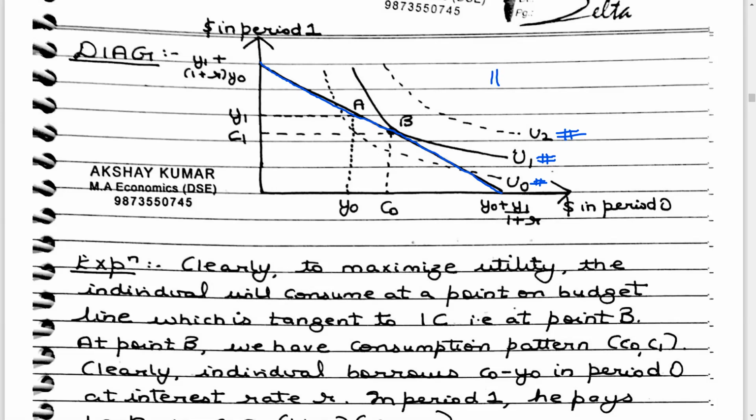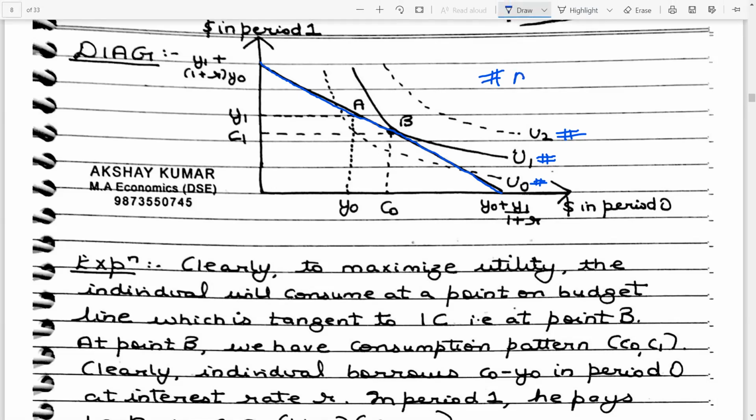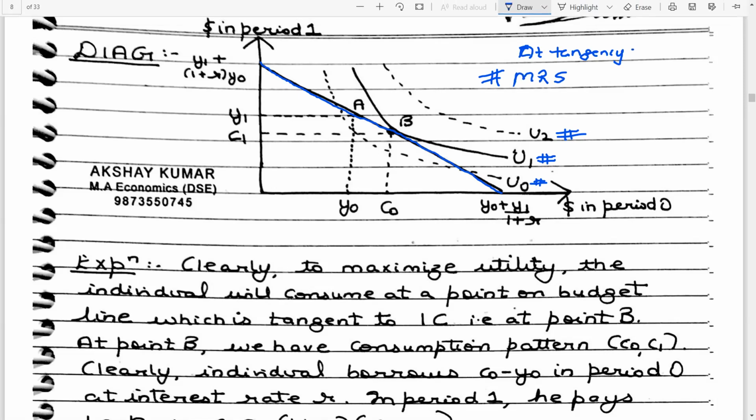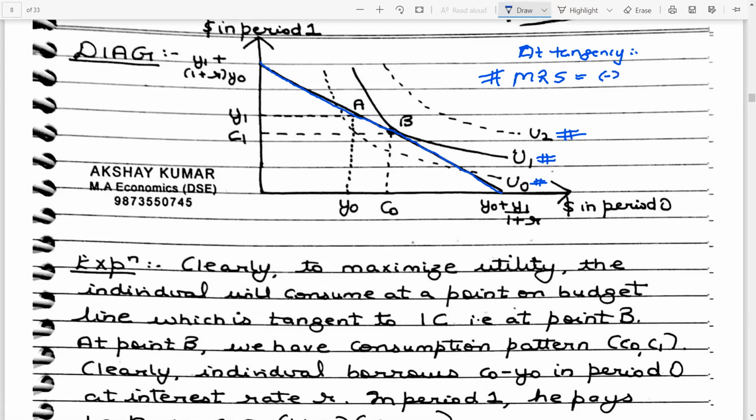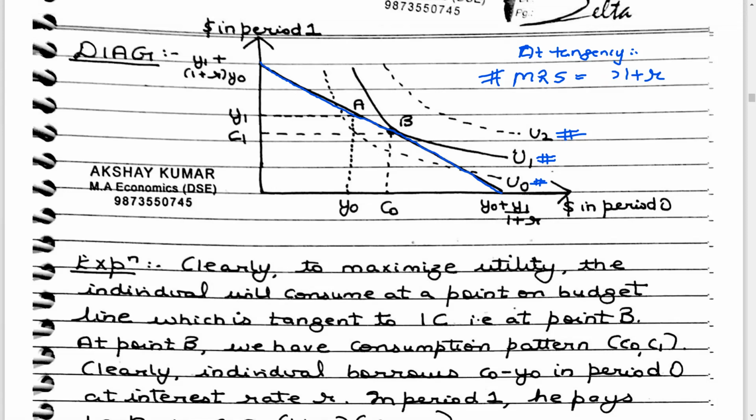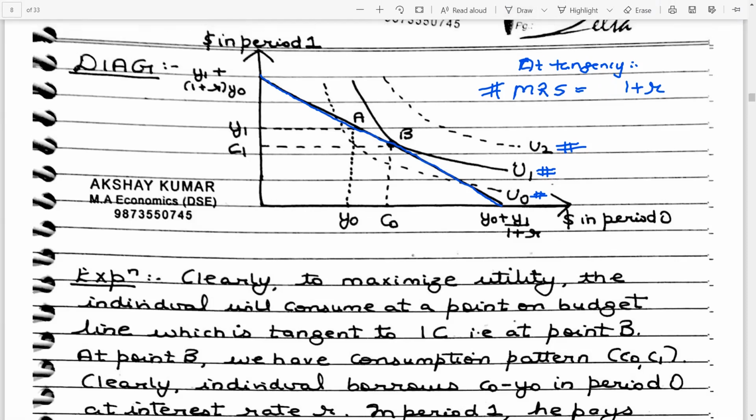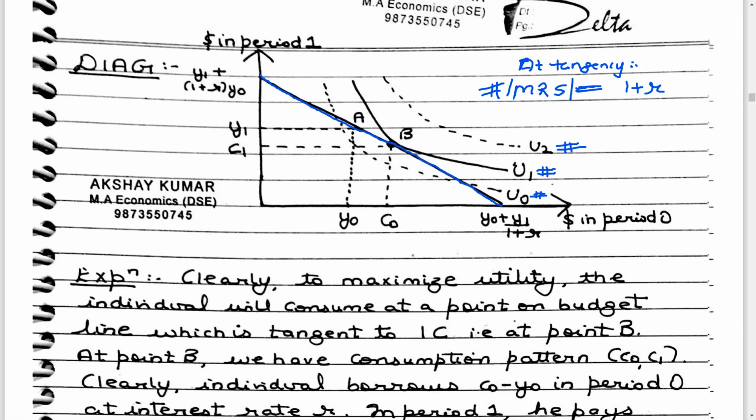That means the slope of the indifference curve, which is MRS, at the point of tangency, MRS is exactly equal to the slope of the budget line, which is minus 1 plus R. Or I can say in absolute terms, mod of MRS is equal to 1 plus R. Both are correct. We can take the absolute value of MRS and it's exactly equal to 1 plus R.